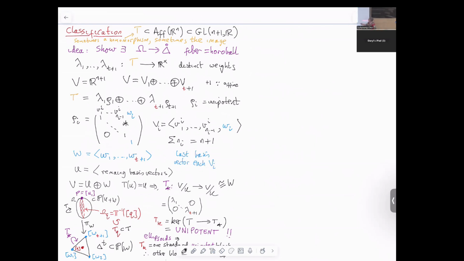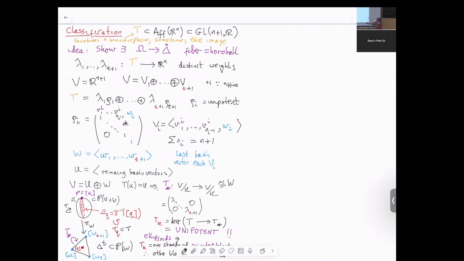And each one of these subspaces is preserved by this group. So if I now think of T as a homomorphism, T preserves each one of these subspaces. So this homomorphism is a direct sum of homomorphisms onto these subspaces. And each homomorphism is, well, it's the weight times a unipotent representation.